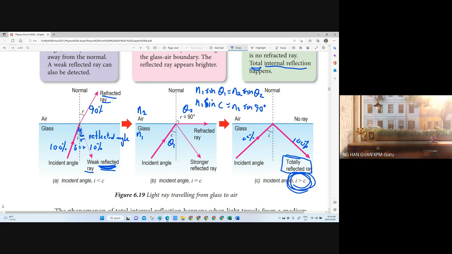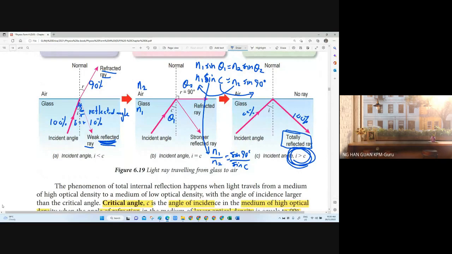When we rearrange these equations, we will have N1 over N2 equal to sin 90 degrees over sin C. So it's N1 over N2, then sin 90 degrees over sin C. All right. Because N2 is medium A, which is air, N2 is equal to 1.00.